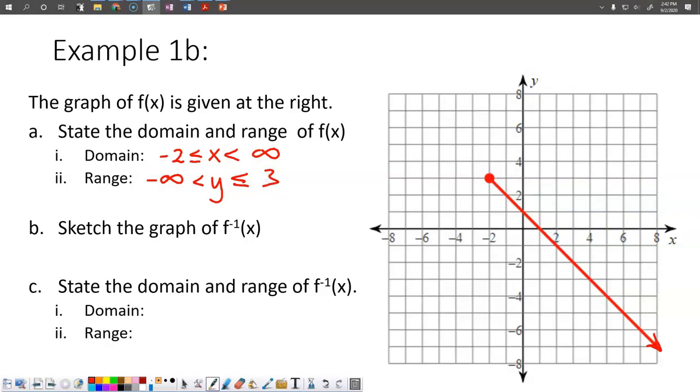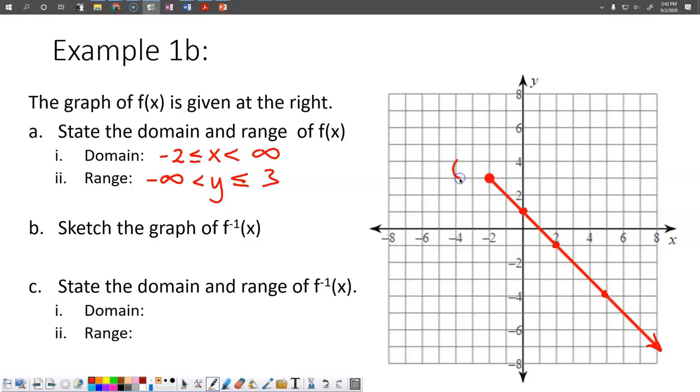Now let's sketch the graph of F inverse. Now, you don't need to do too many points, but you need enough to be able to copy the graph, right? So we'll go with this one here, the endpoint, obviously. But let's pick a few others. We don't need a lot. Let's just go for maybe 4 or 5. That'll be good enough.